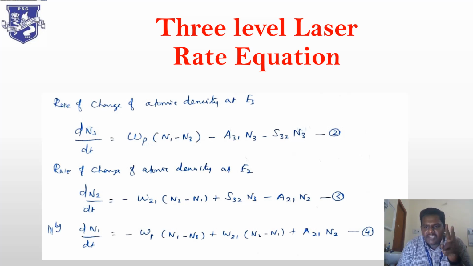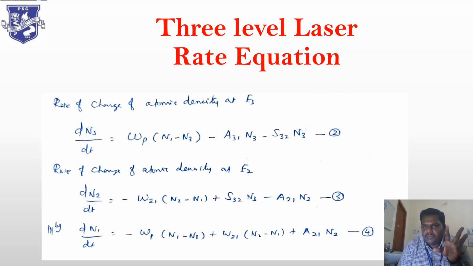Those three transitions have been mentioned here. The first one belongs to the pumping. This WP is nothing but the work done by the pumping process to move the atoms from the N1 state to N3. Since it is towards that particular state, we treat it as positive.